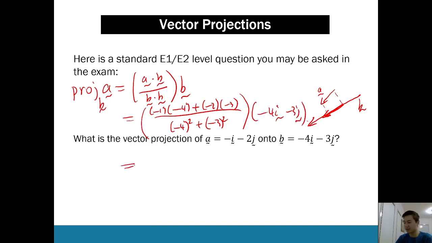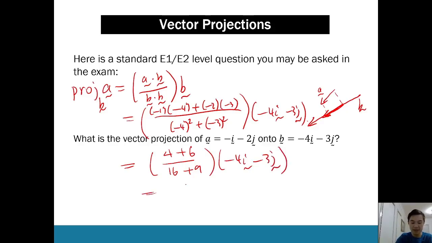So this will give us 4 plus 6 over 16 plus 9, times -4i minus 3j.